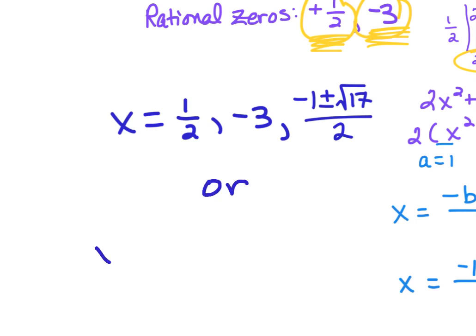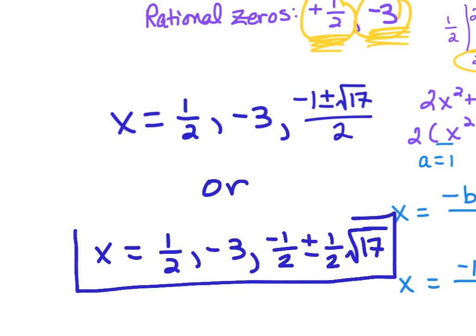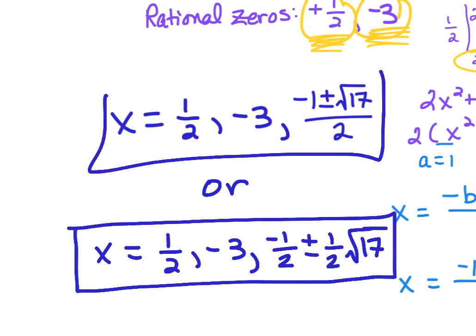Or if you really wanted to be picky, you could say x equals 1/2, -3, and -1/2 plus or minus 1/2 radical 17. And either one of those answers is acceptable.